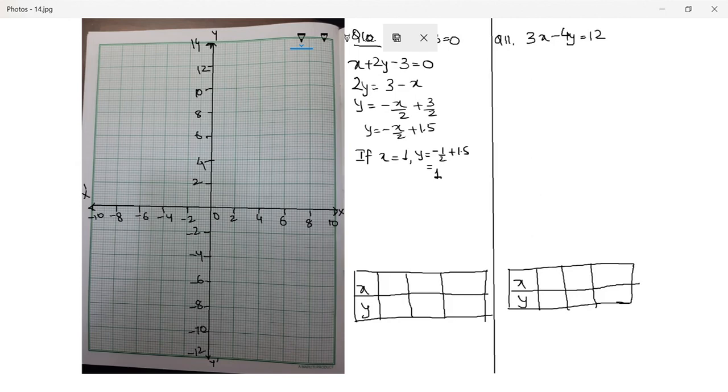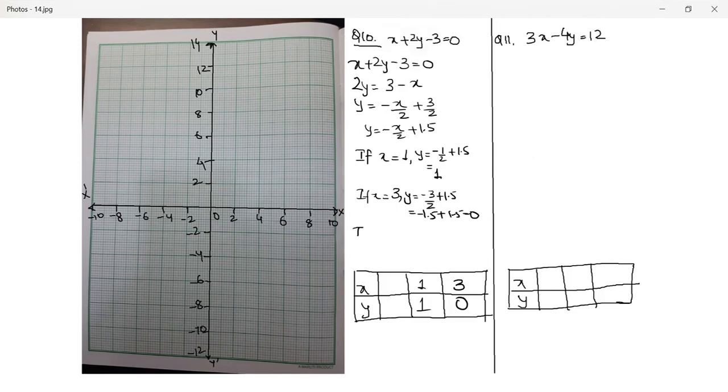If x is equal to 1, y will also be equal to 1. Perfect. If x is equal to, let's say, 3, y will be equal to negative 3 by 2 plus 1.5, which is negative 1.5 plus 1.5, which is equal to 0. So if x is equal to 3, y is equal to 0.